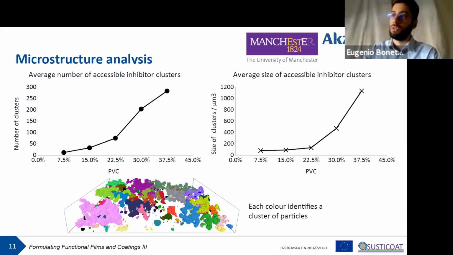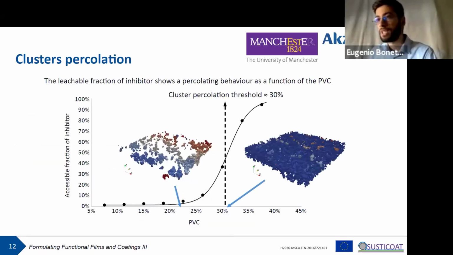Or also, it is possible to measure the size of these clusters. Unfortunately, there isn't enough experimental data for a comparison with the simulation. So this slide only shows the potential of the model. However, it is possible to obtain some interesting results.